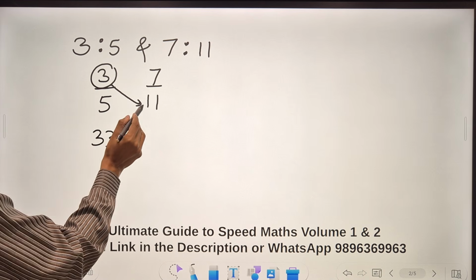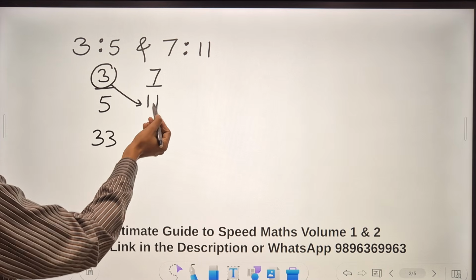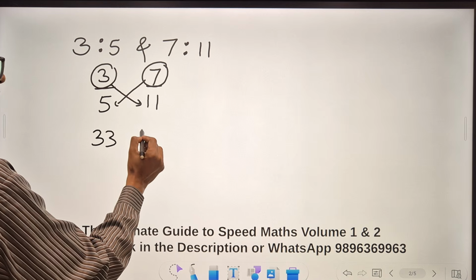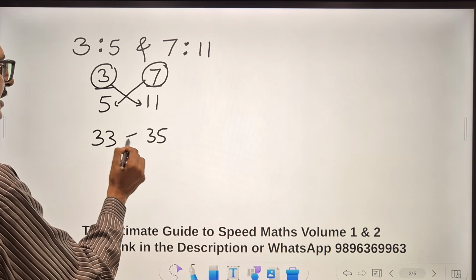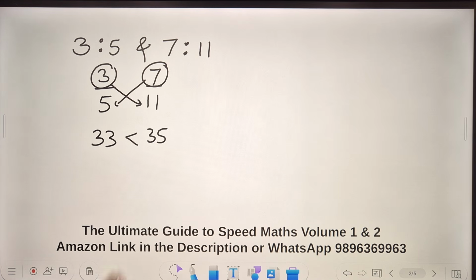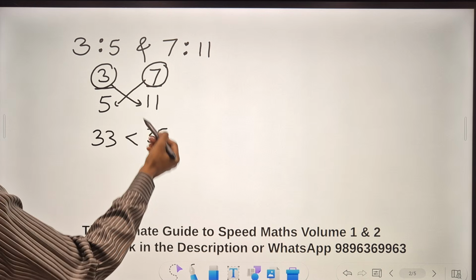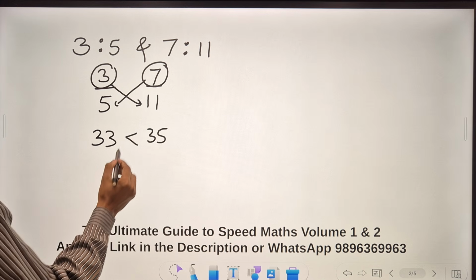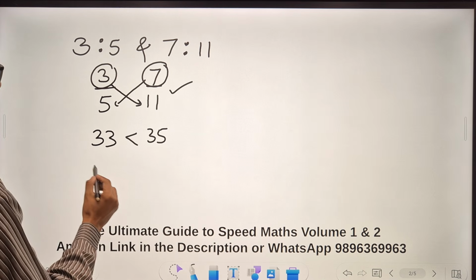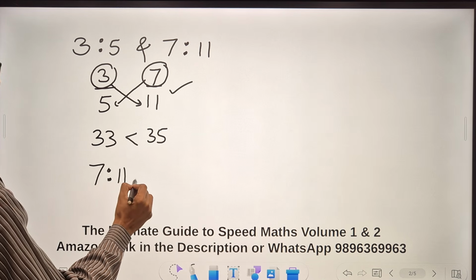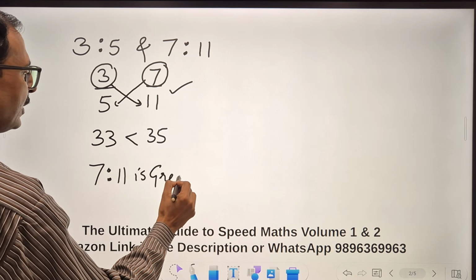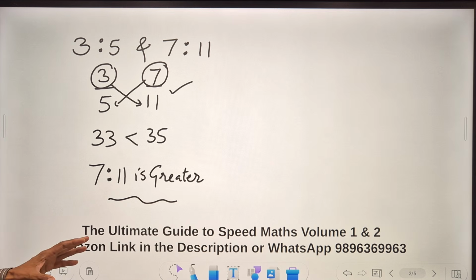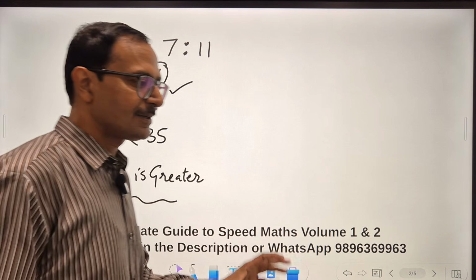I write it below the numerator, not below the denominator. And the numerator 7 gives a product of 35. Now you can see 35 is greater than 33. So the numerator for which the greater product was obtained is from 7/11, and therefore 7/11 is greater. A very simple method, and no calculator, no pen and paper will be required to solve this.